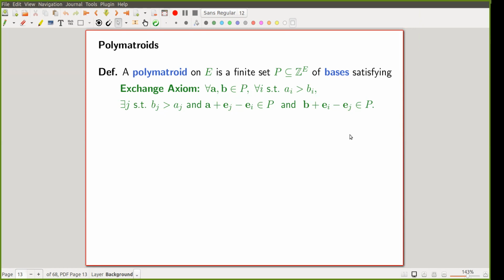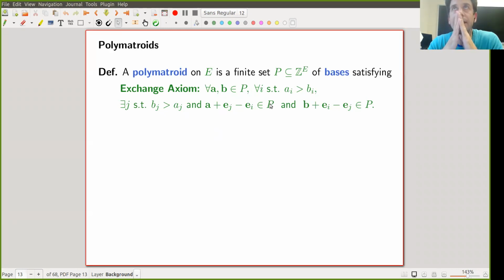Yeah, but in polymatroids. In polymatroids, good question. Let me think. Yes. No, you can also have the weak form. I just wrote the strong one; you will see from the other definition that you could just stay with the weak form. Thank you. It's fine.